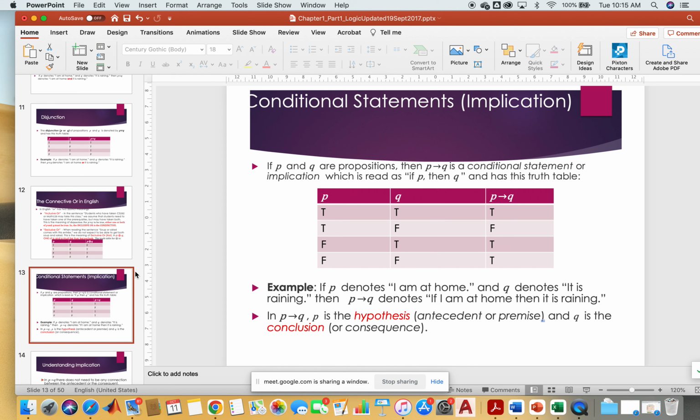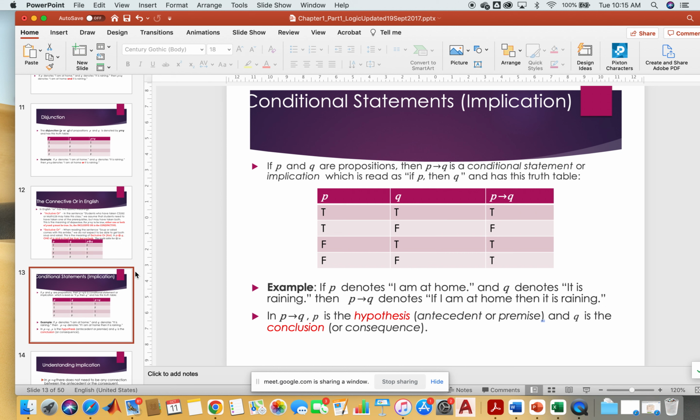So if we look back into the slide, for the conjunction, there are 4 rows here. So you can use that formula to know how many rows. So back to our example just now. This one. How many variables do we have here? P, so we have P.